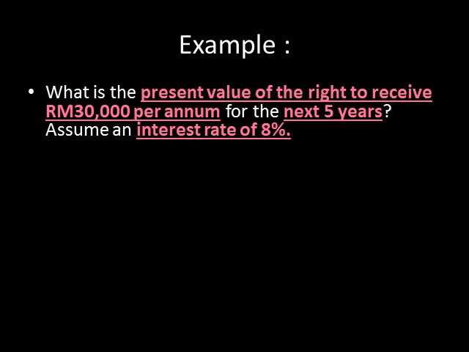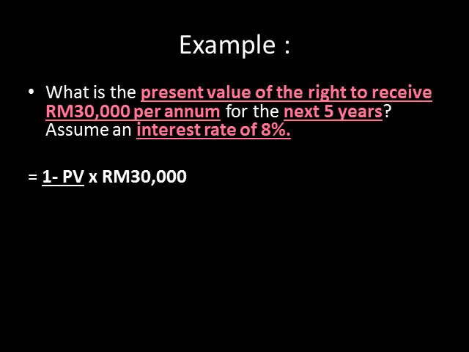Maybe you lease or rent out the property. The income you will receive is 30,000 per annum for 5 years, with the interest rate at 8%. It may be a commercial building. Normally 8 to 9% is for commercial buildings. That's the yield.